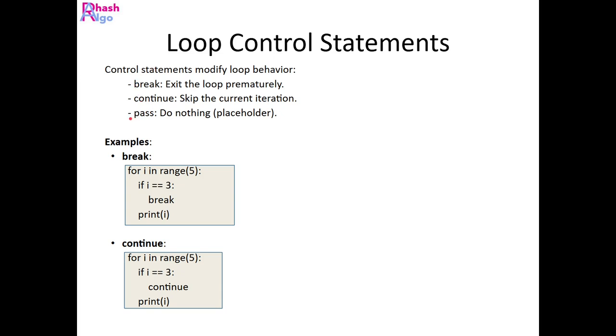We didn't go through pass, we'll talk about this as well. But break exits the loop prematurely. Continue skips the current iteration only. We'll see some examples for this, guys.